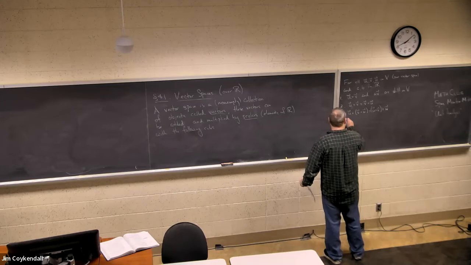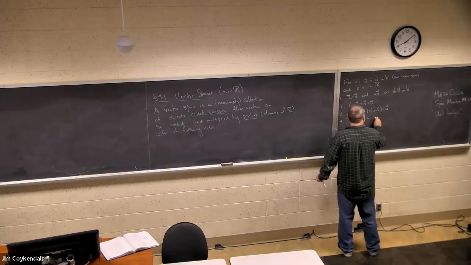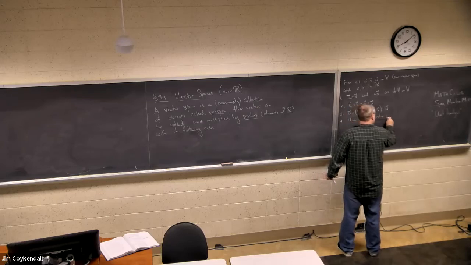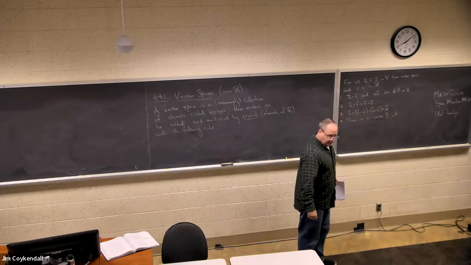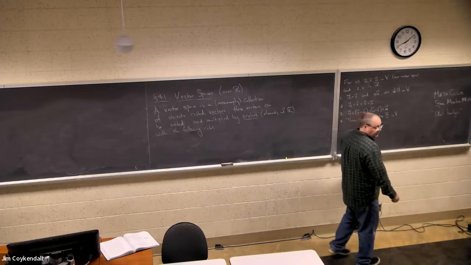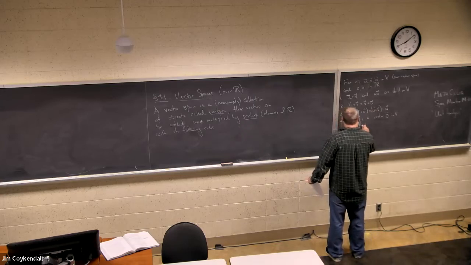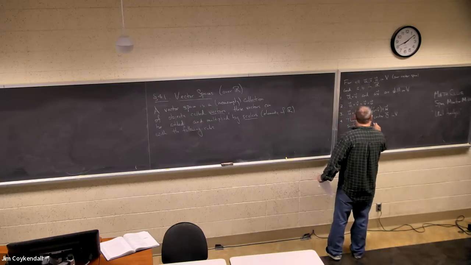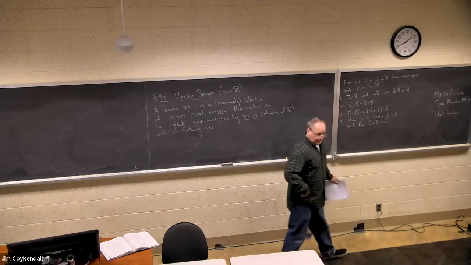Number 4, there is a vector 0 in V. So there is a magic vector called the 0 vector in V, such that when you take any vector and you add it to the 0 vector, it returns the original vector.